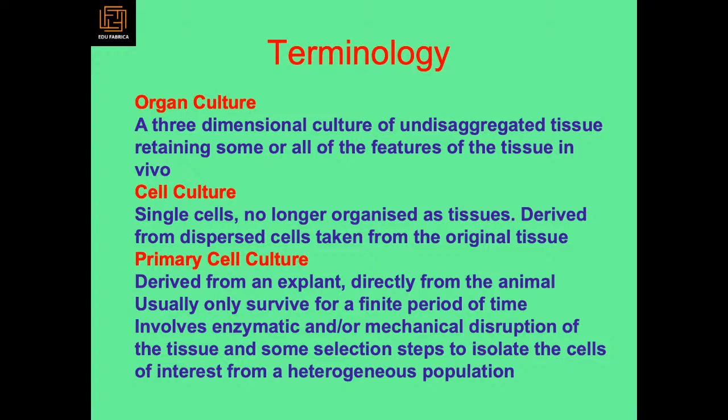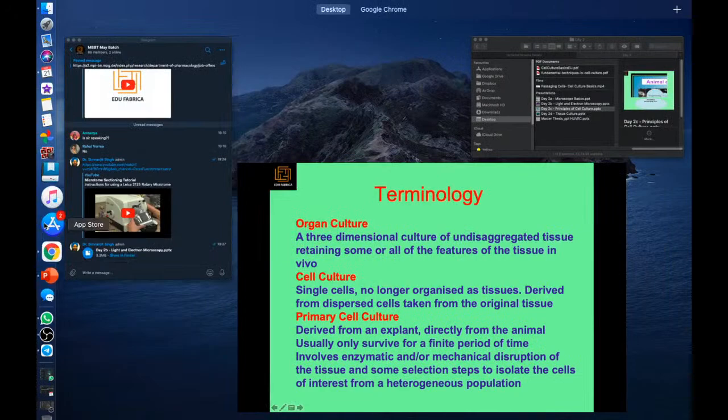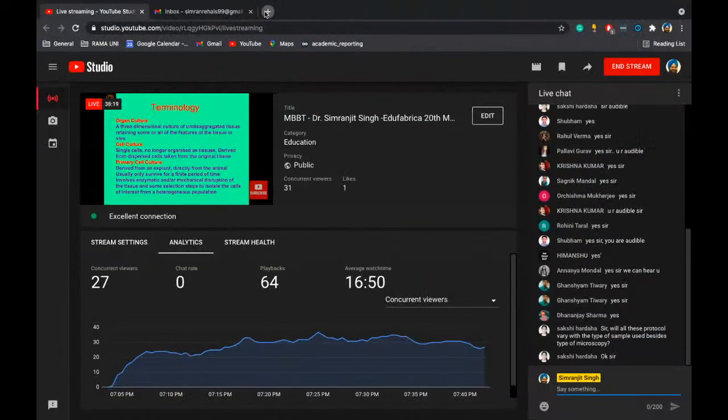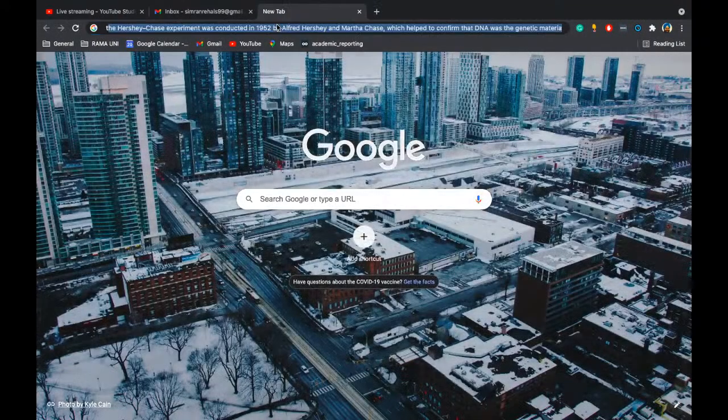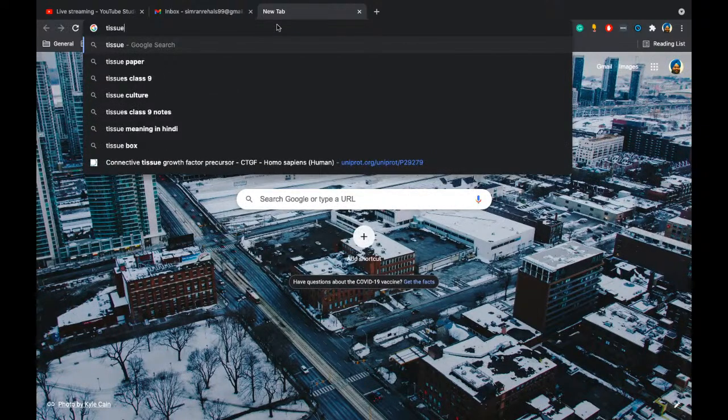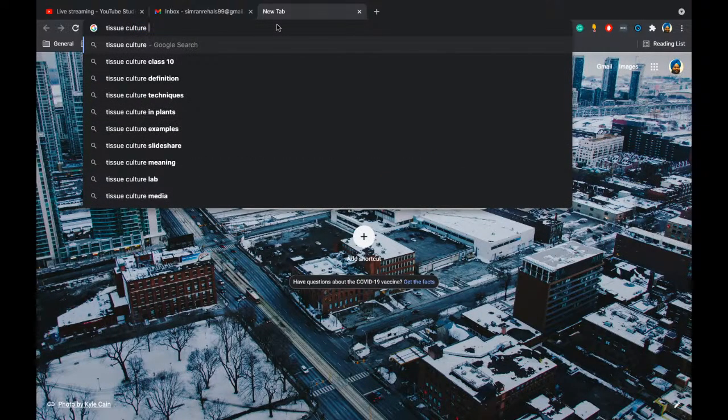But still, in my previous lab where I was doing my PhD, they were working on this organ culture.